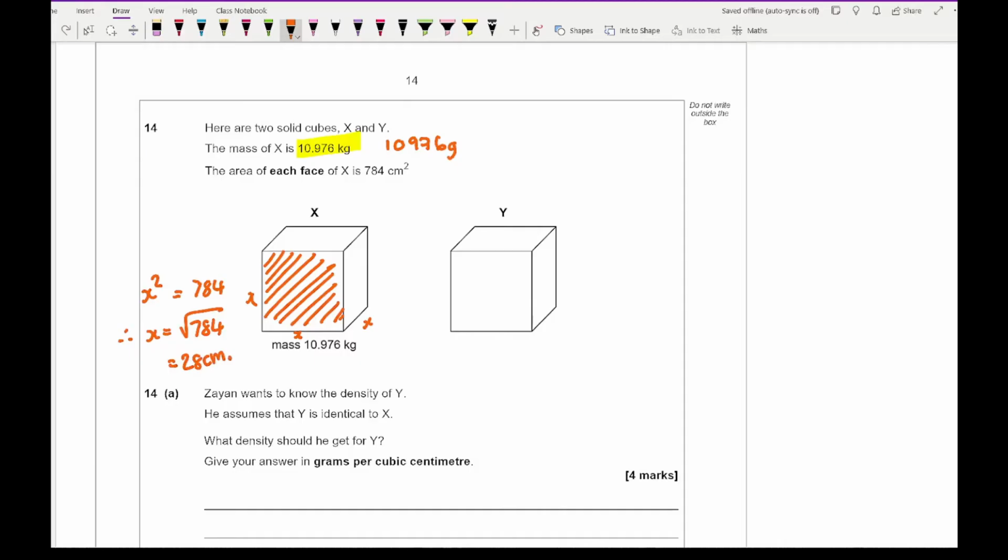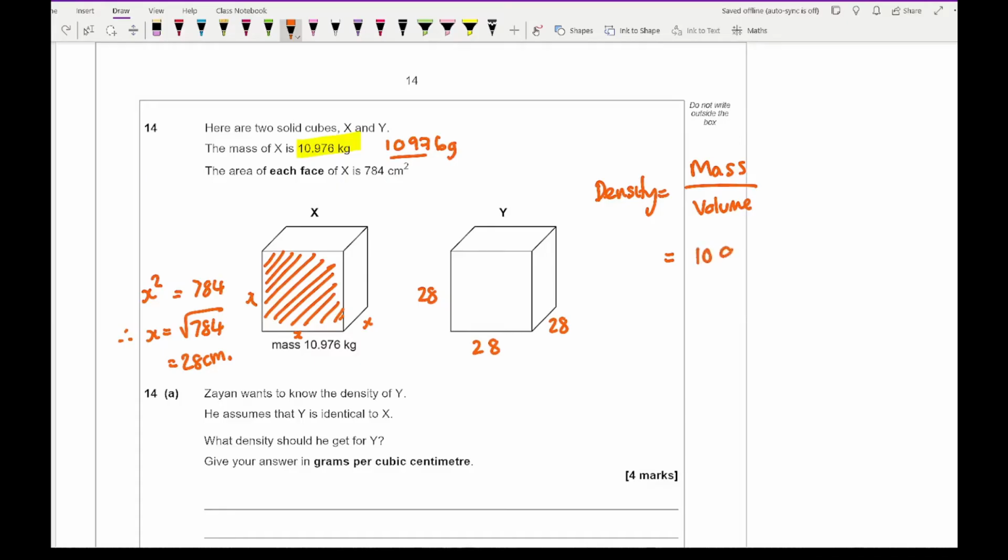Then to work out the formula for density, density equals mass over volume. The cube has a length of 28 by 28 by 28 and a mass of 10,976 grams.